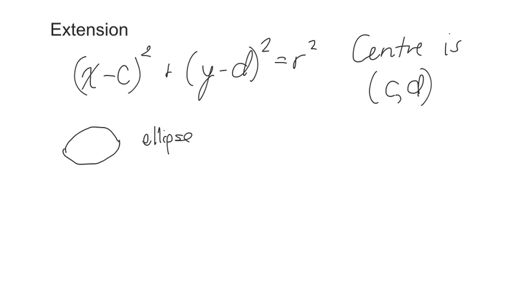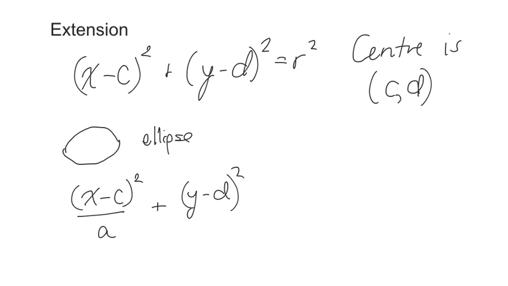In the most general form, it looks like this: (x minus c) squared over, I need another letter, a, plus (y minus d) squared over b equals r squared.